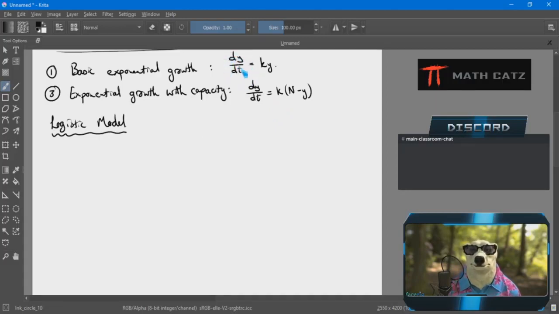If the growth rate is proportional to the population size and it's proportional to the difference to the capacity, well then the growth rate is going to be proportional to the product of the 2.